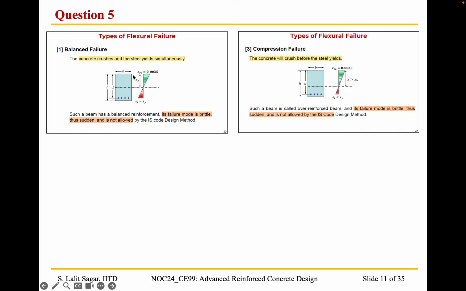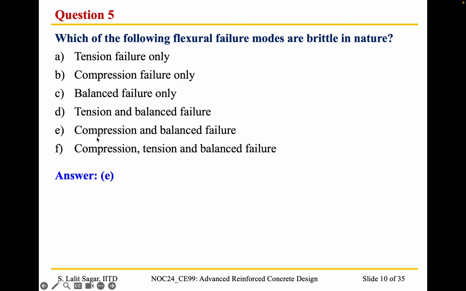The top fiber that is undergoing compression, the concrete undergoes the crushing strain. At the same time, the steel in the tension region undergoes yielding. Okay, so the failure mode is brittle, and this is sudden, and it does not give any warning in the form of adequate deformation. Whenever we test this kind of beam in the laboratory, they fail suddenly. That is why it is called a brittle mode of failure.